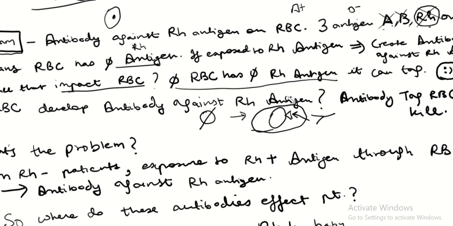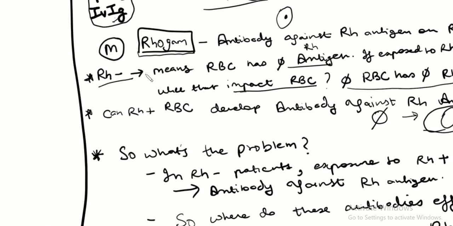If you're not sure, look at my anatomy and physiology videos. So an Rh positive patient will never develop antibody against Rh antigen because all the RBCs in that person's body have Rh antigen, and we don't want the red blood cells to be tagged and killed by my own immune system.